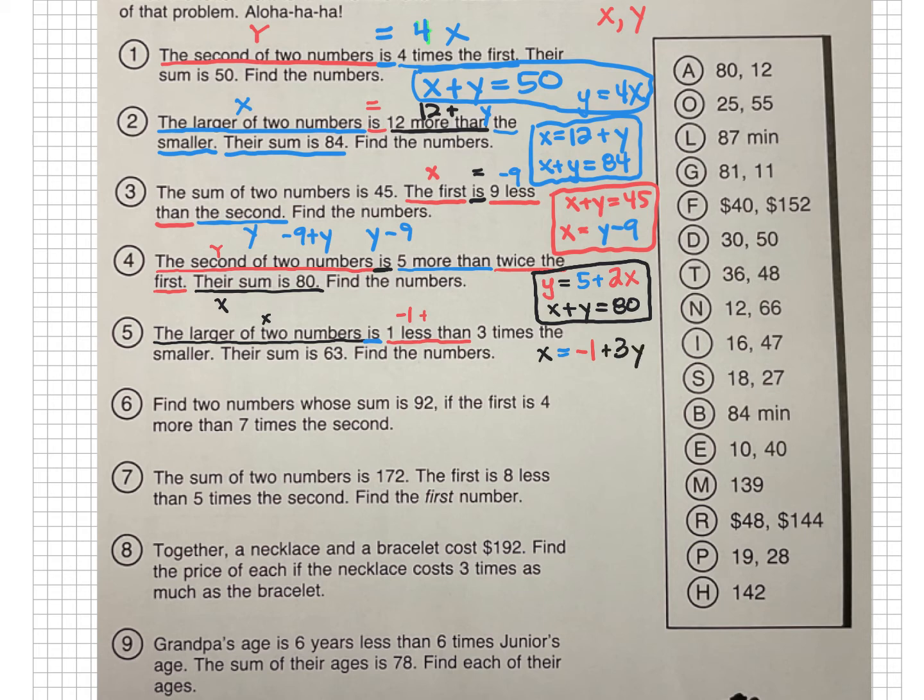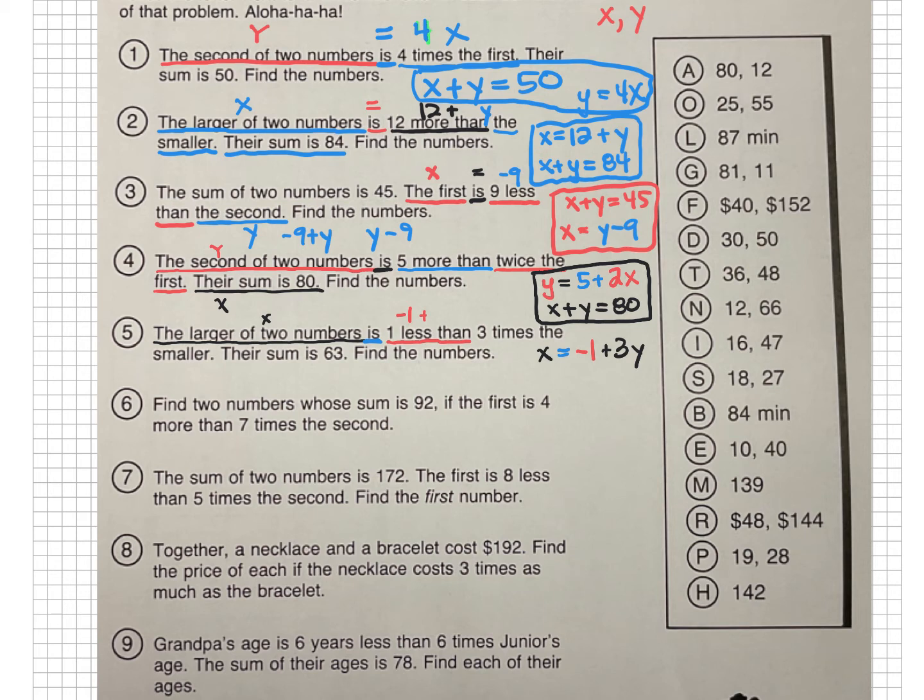So negative 1 plus 3y is the same thing as 3y minus 1. It's weird when they use the term 1 less than first, instead of saying 3 times the smaller number minus 1. That's why our equation looks a little weird, but it means the same thing.